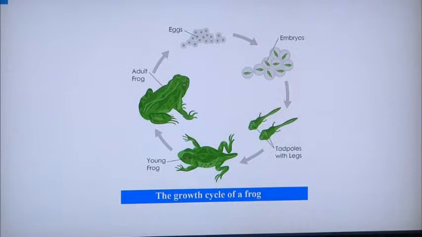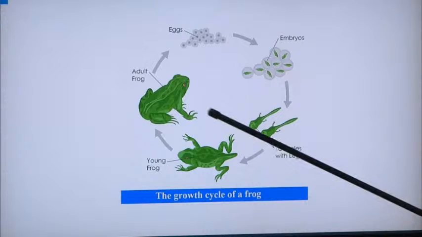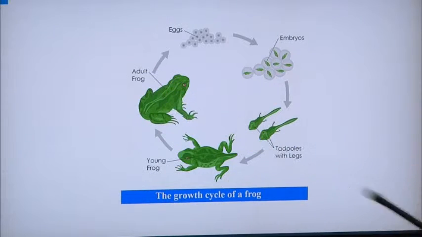On our screen, we have an adult frog. As I said, an adult frog is what? An amphibian. Amphibian is an animal that lives in water and on land.